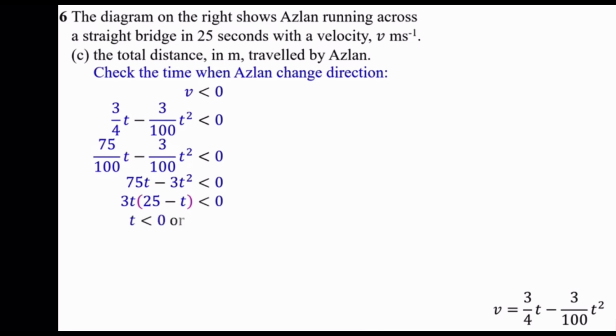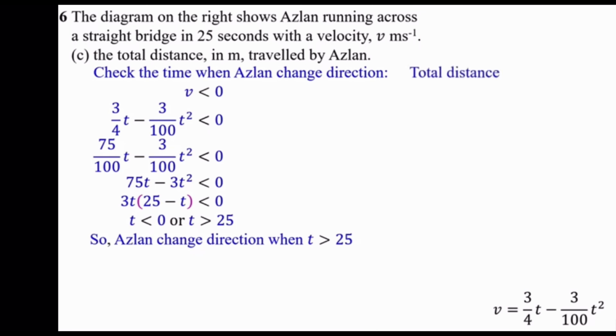So we multiply by 100 for both sides, and we will factorize the 3t, and we will let the factors equal to 0, and t is equal to 0 and 25. So t equal to 25 is actually when Azlan changes direction.